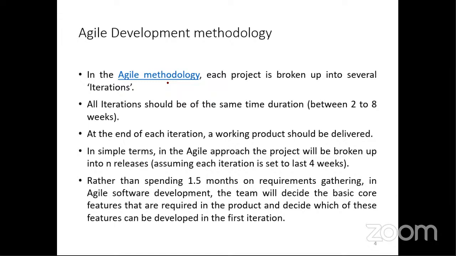So if I'm using a traditional method, suppose a waterfall model or any other SDLC model, I'll take almost 1.5 months for requirement gathering. But in the case of agile methods, I get some basic features in my hand. A customer can see a product with those basic features in those 1.5 months, right? So that is the main advantage of agile development.